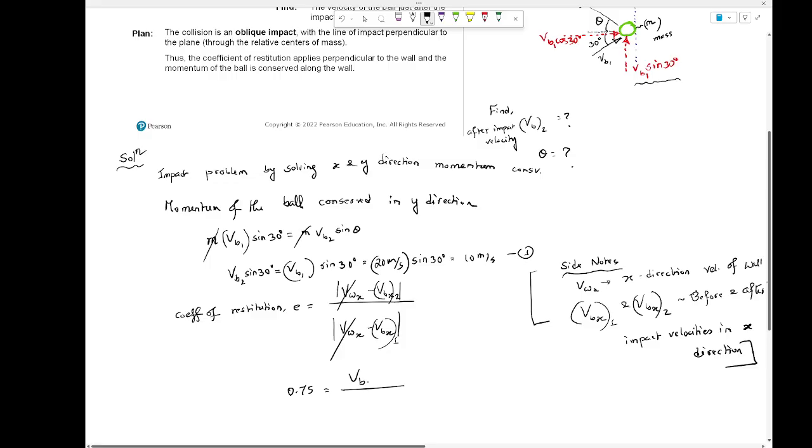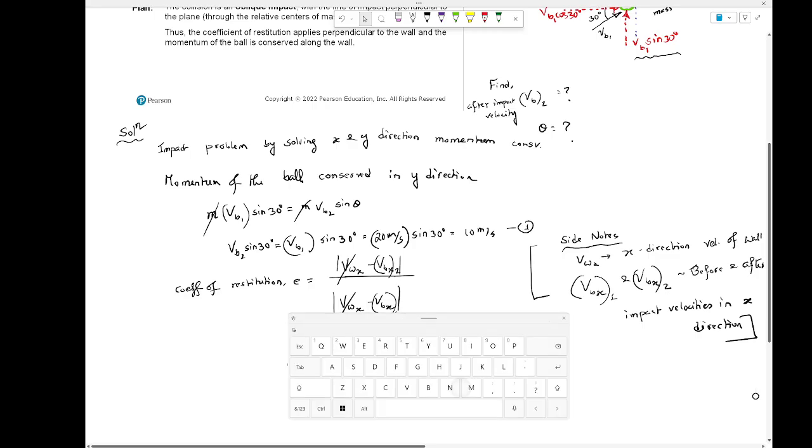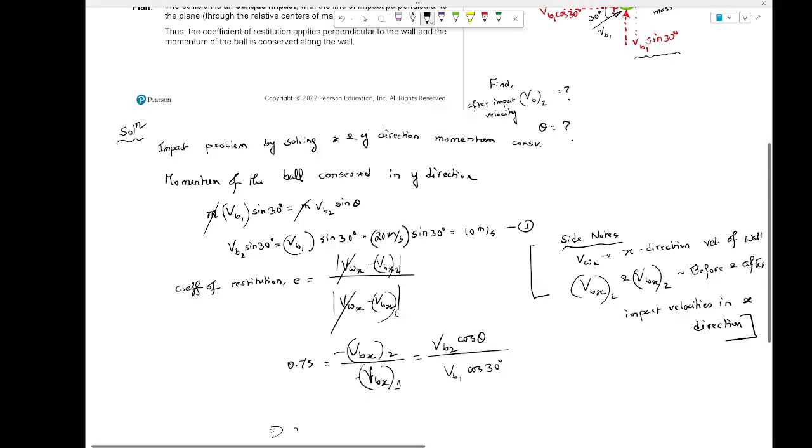And we have this VBx2. You have a negative here, and I really don't care about the negative because I have an absolute sign. Absolute will take care of my negative to positive, VB1. Okay, so then you'd be writing this in a more descriptive manner. The x component is cos theta VB2 and VB1 cos 30, right? Everybody agree up to this? Okay, perfect. Then you're going to simply start plugging the values. So you have this 0.75 here.